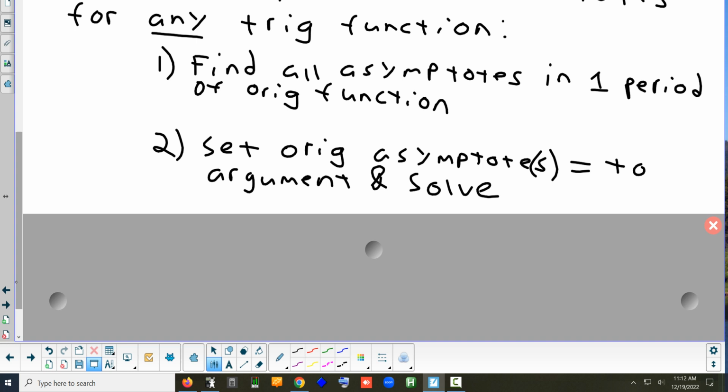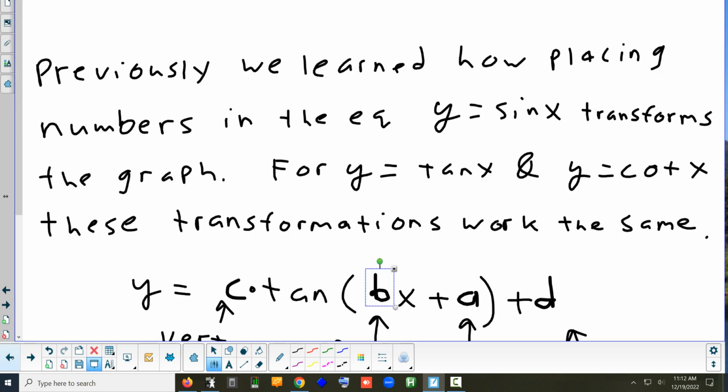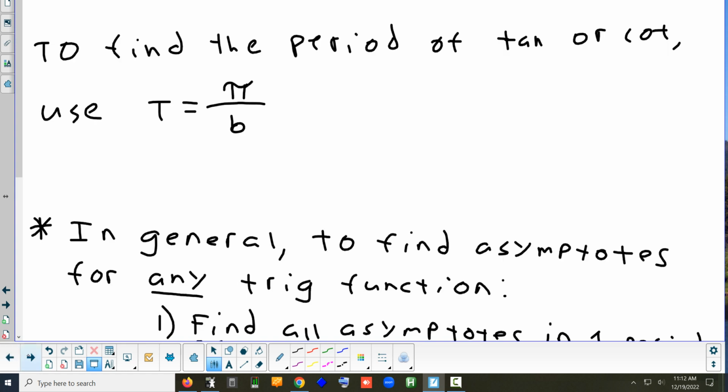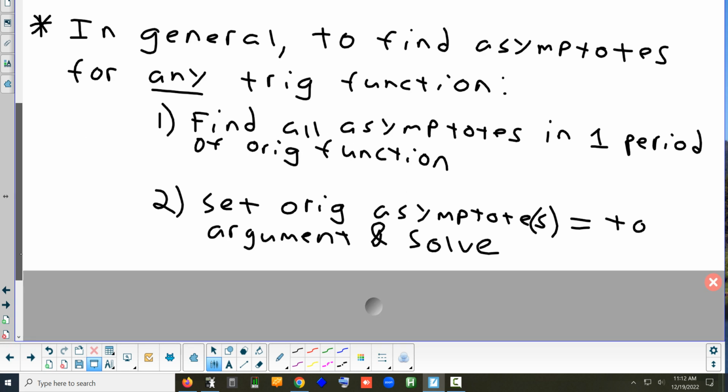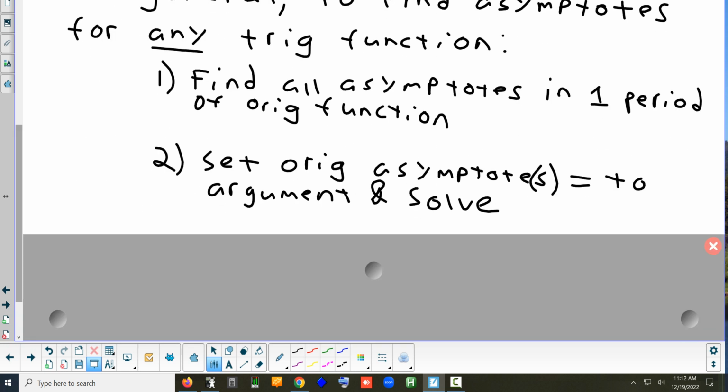Now, step two is you take one of those original asymptotes that you found, you set it equal to the argument, and then you solve. Remember, the argument is this. You're going to set what's inside that box equal to one of the original asymptotes, and then solve.